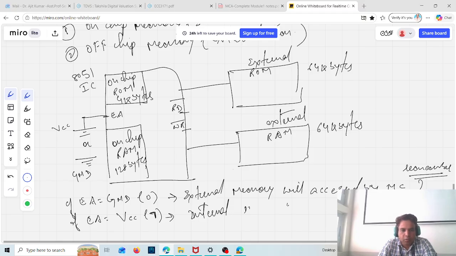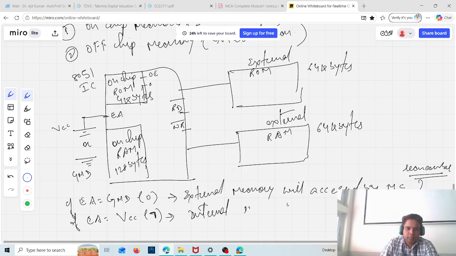When the microcontroller is accessing the internal memory, the memory chip has two pins, called output enable and write enable.